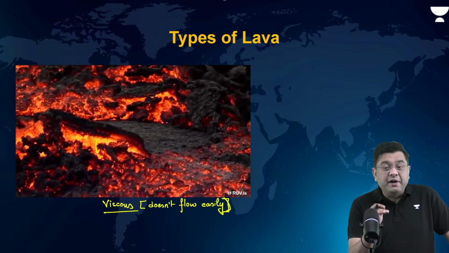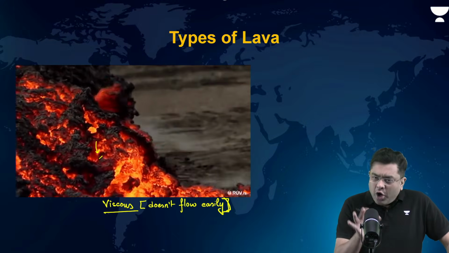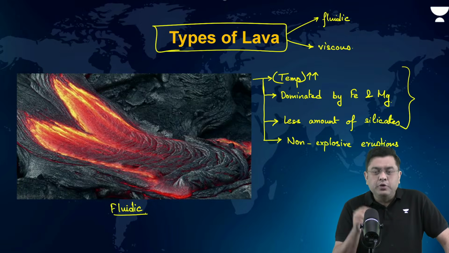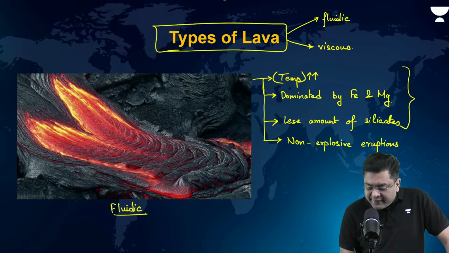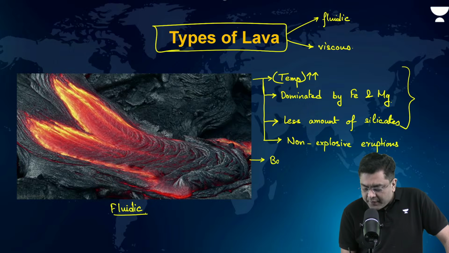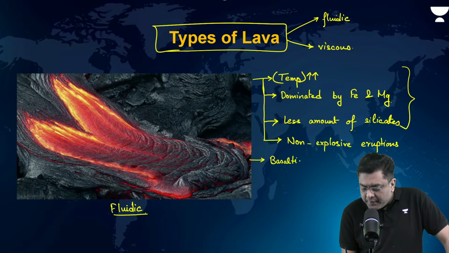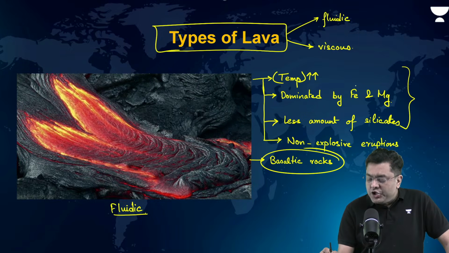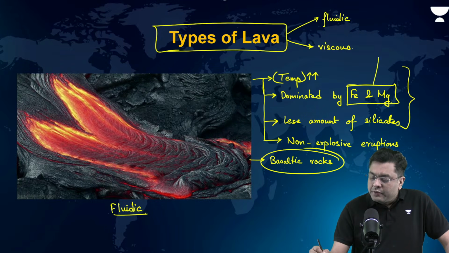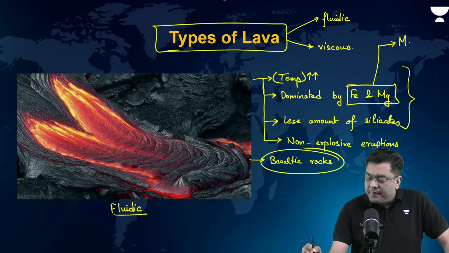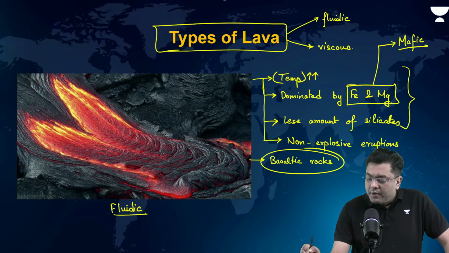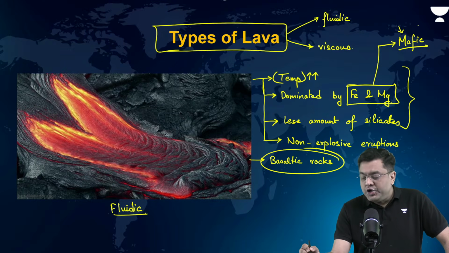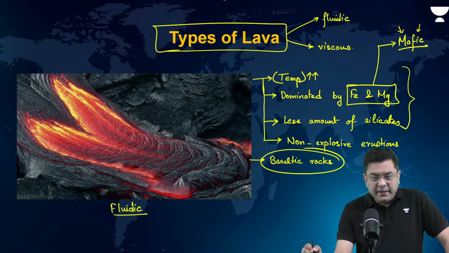So, when this lava will solidify, the rock which will be created will have less density as compared to this one. This is known as basaltic lava. Basaltic rocks will be created. And because iron and magnesium are dominated, this is also known as mafic. Ma, magnesium, Fi representing iron.